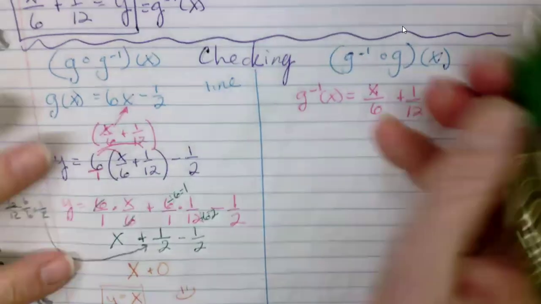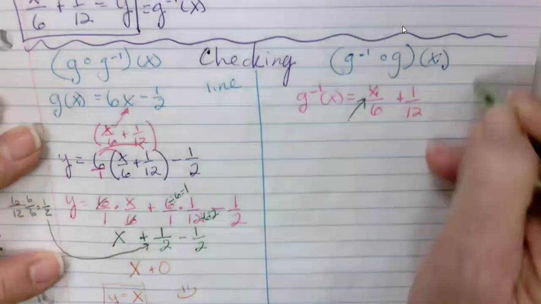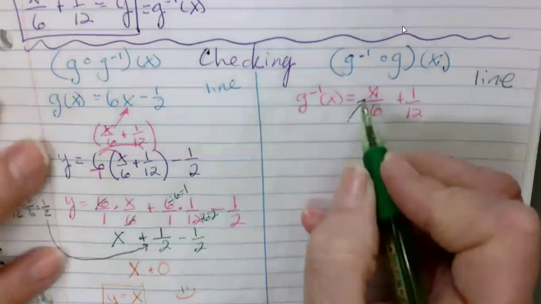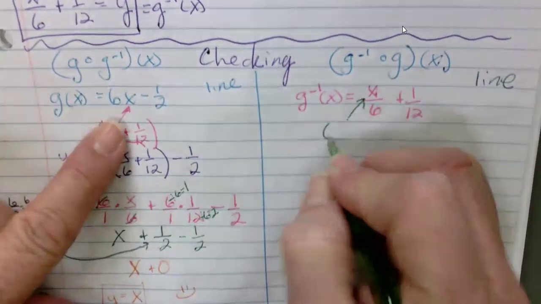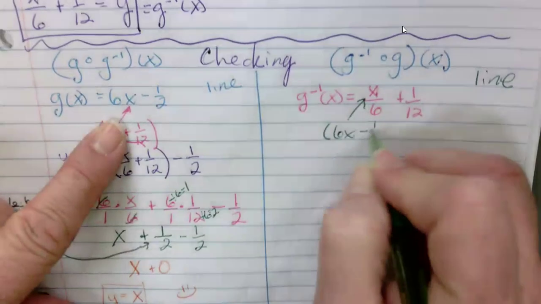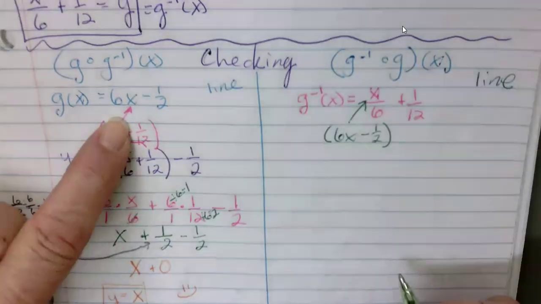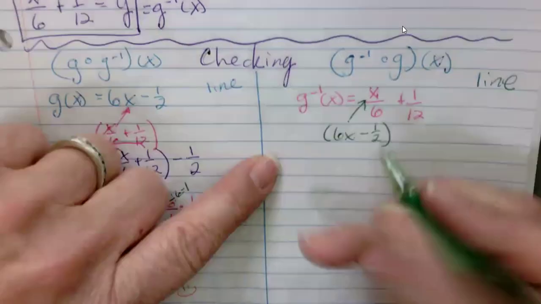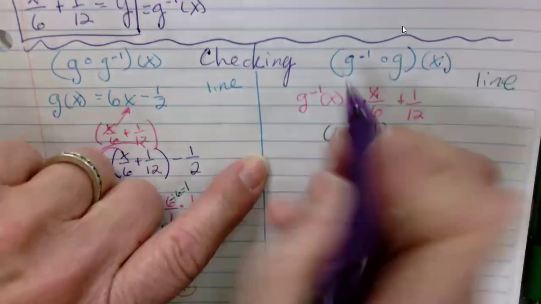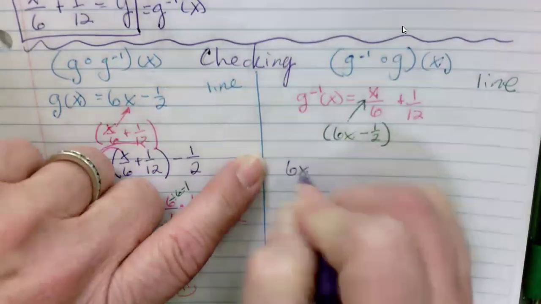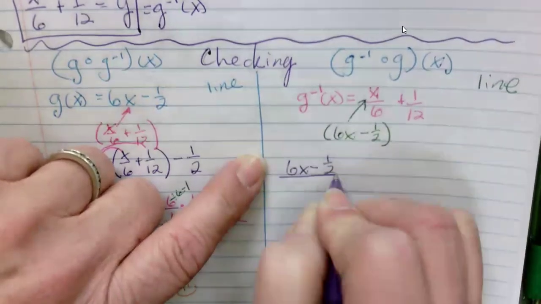All right, so we have all of this. I'm going to draw my arrow. I think this is a line. Drawing my arrow, and I'm going to plug in 6x minus 1/2. All right, so that has to go in for the x. So that means I have 6x minus 1/2 all over 6.